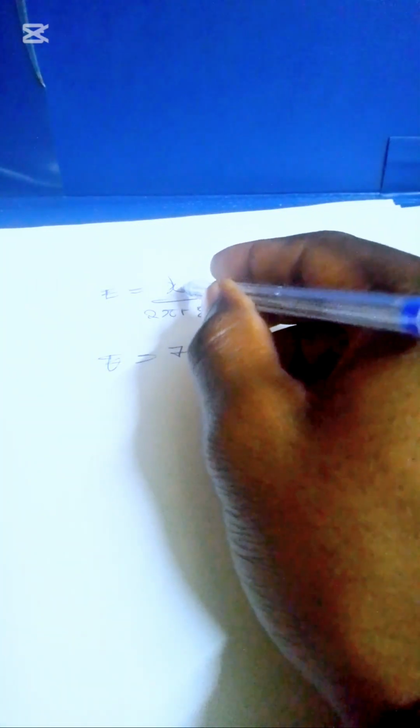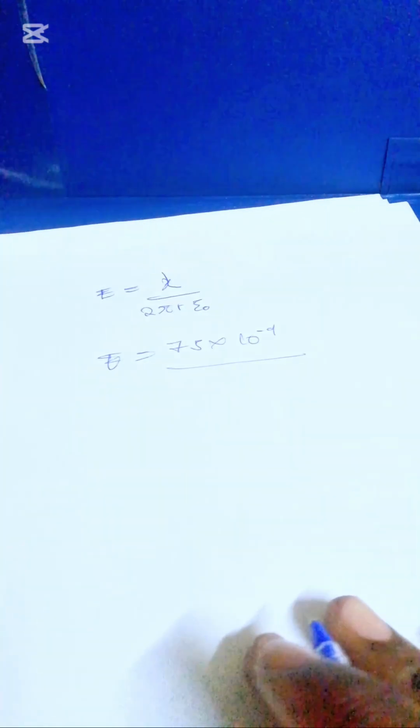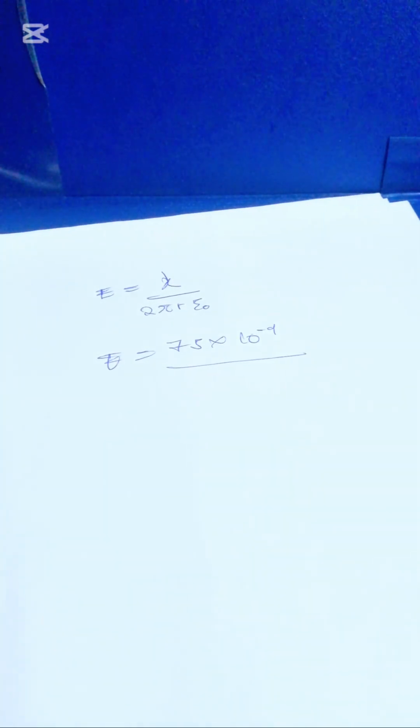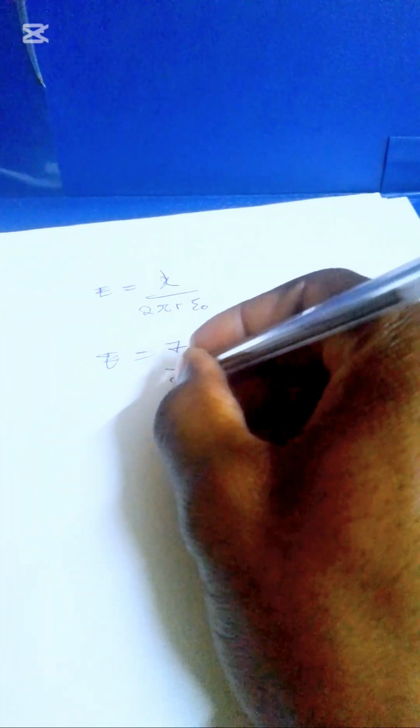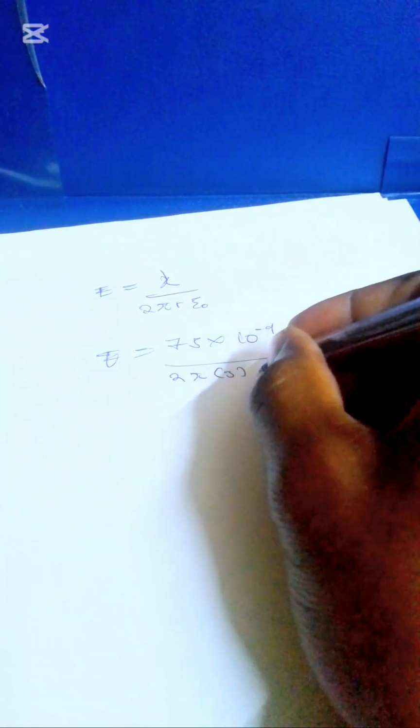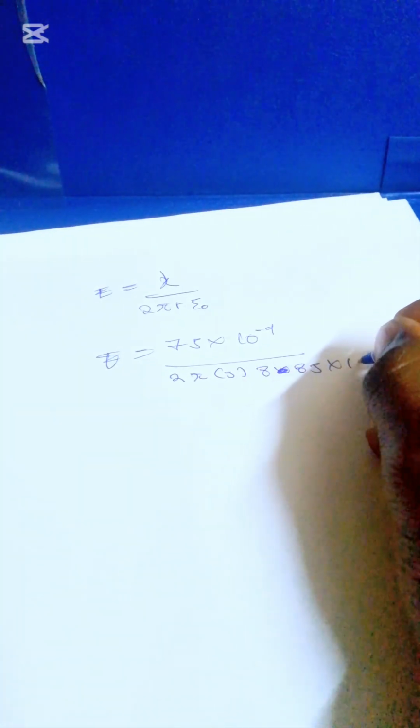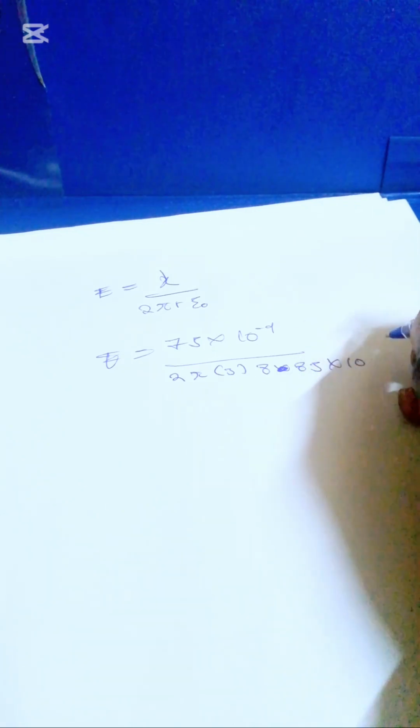The linear charge density is 75 times 10 to the power negative 9 over 2 pi times r, which is 3, times epsilon, 8.85 times 10 to the power negative 12.